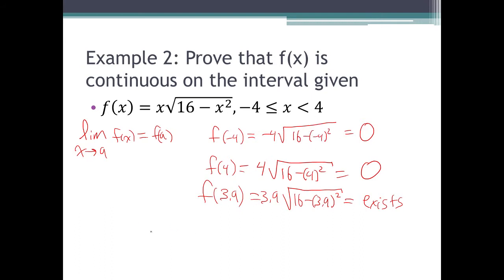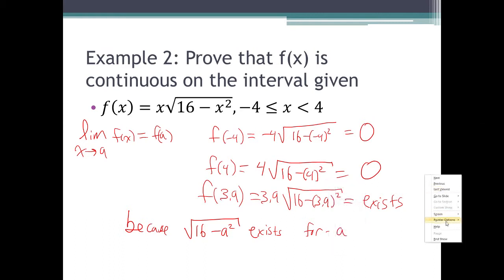So we can safely say, based on just a little bit of thought, that because the square root of 16 minus a squared exists for a in this interval, the function is continuous.